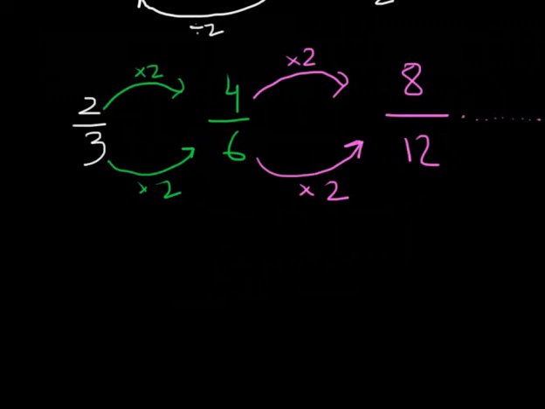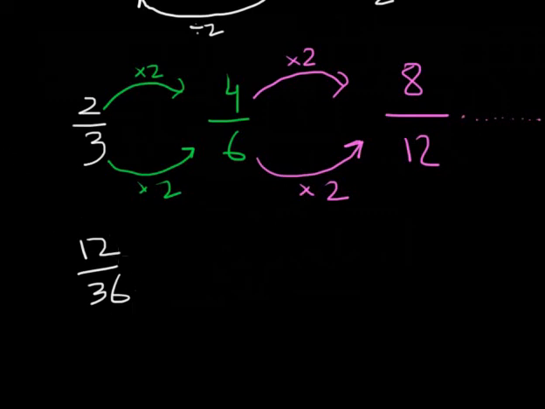But let's consider another fraction. Let's say we have 12 by 36, and now we have to get the equivalent fractions by division. So let's say how many can we get. For example, this numerator and denominator is divided by 2.